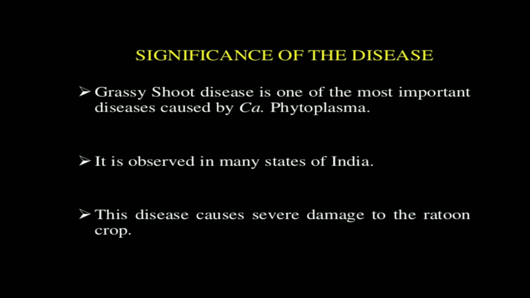So in these regions where sugarcane is cultivated, as well as Tamil Nadu and Andhra Pradesh, this disease is found in our Indian states. It causes severe damage to the ratoon crops, that is the sugarcane crops, right?